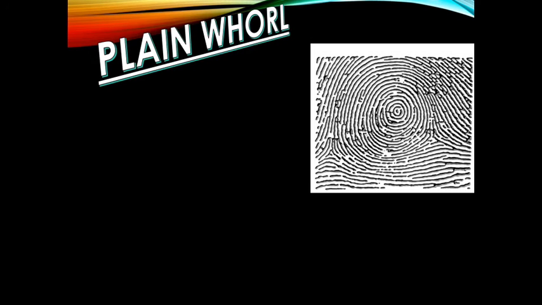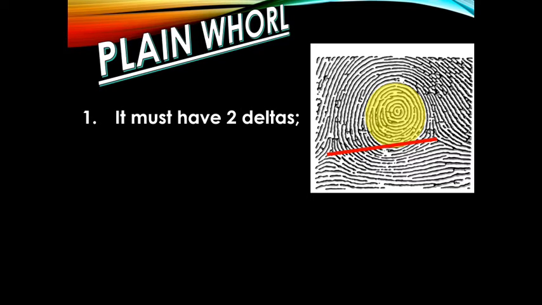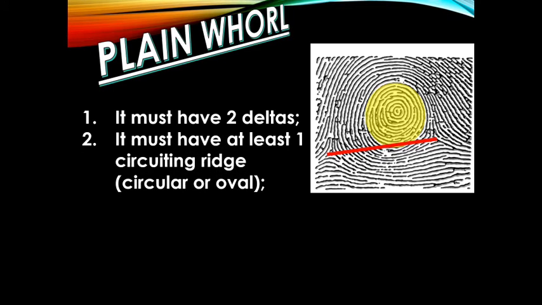A plain whorl consists of one or more ridges which make a complete circuit with two deltas between which, when an imaginary line is drawn, at least one recurving ridge within the inner pattern area is cut or touched. In other words, when we talk about plain whorl, it must have two deltas.